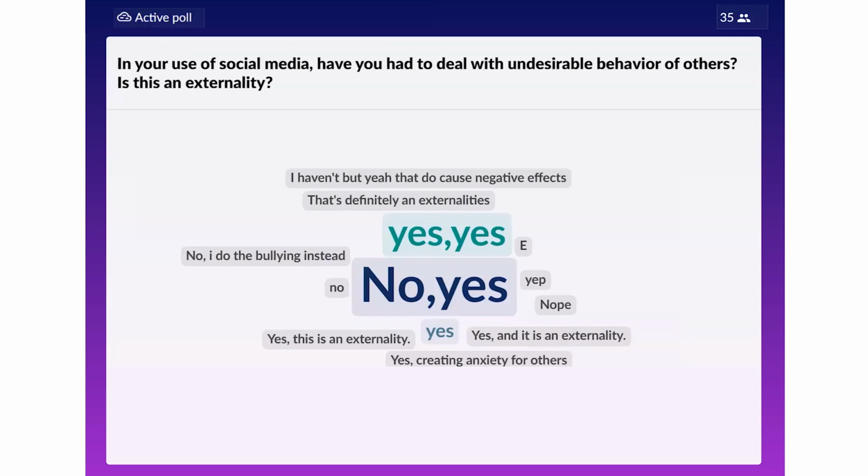Or maybe you're not famous enough. A lot of these issues happen to famous people because they attract these trolls or crazy people who try to just trash whatever people or things they see. But immediately you see that regardless of whether you experienced this yourself, when something like this happens, it is some form of negative externality.